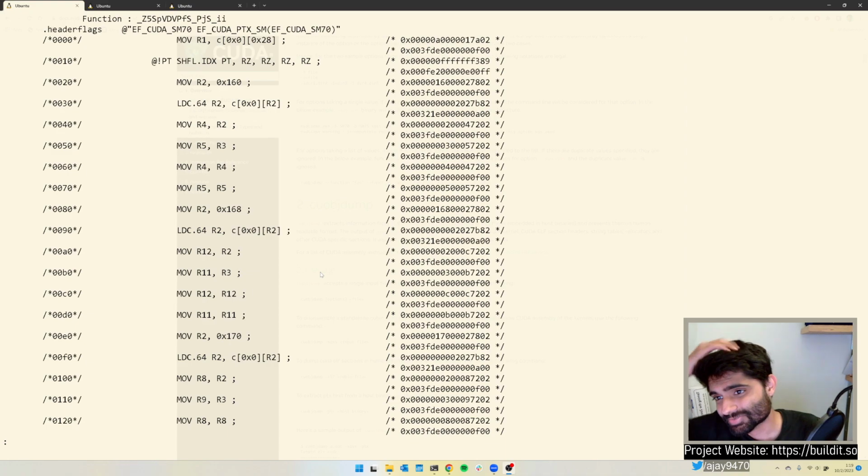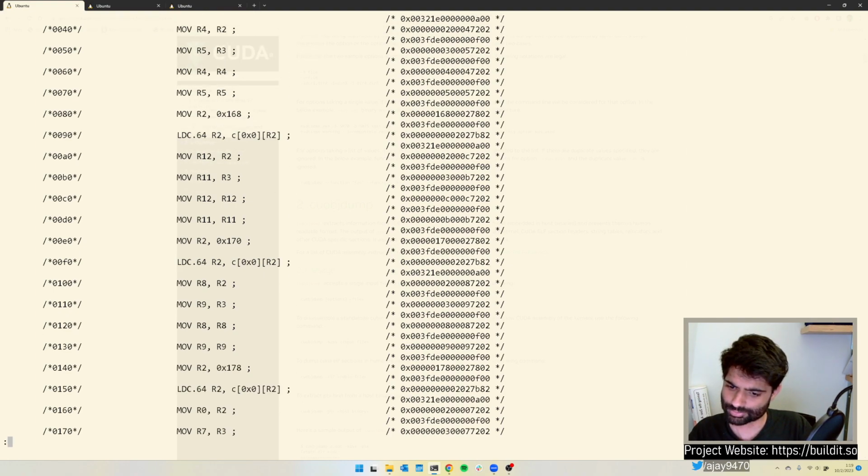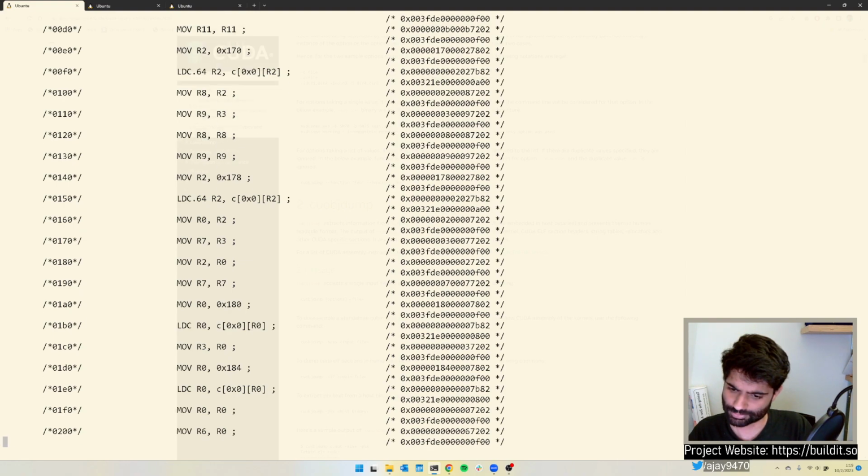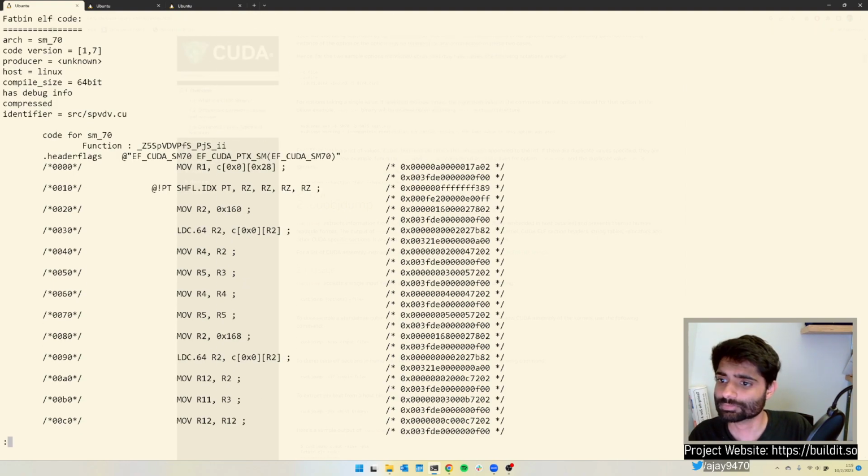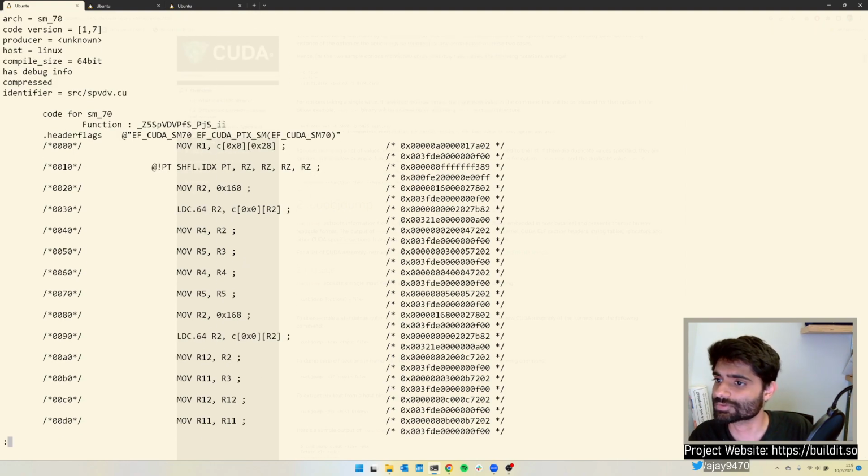Okay, so we have a bunch of moves. Those register moves are usually for the thread ID computation. That's what I'm guessing. There's a load 64 on C. Read loads. This is not the SPMV kernel. Something else. This is SPVDV.